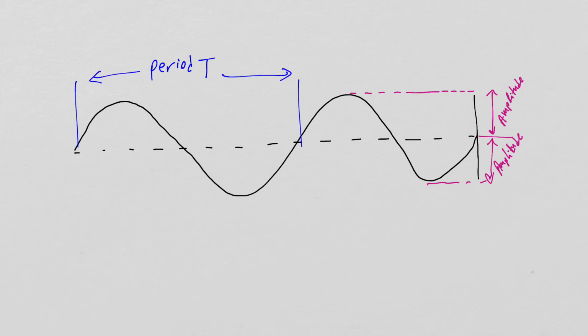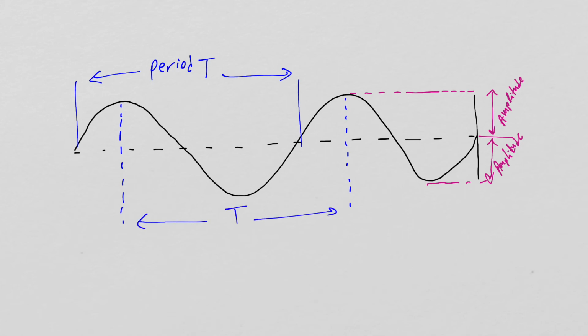So I can also measure the period of oscillation between some other points. For example, I can choose the 2 peaks here. So the time that it takes for the wave to propagate between those 2 peaks is also the period of the wave.